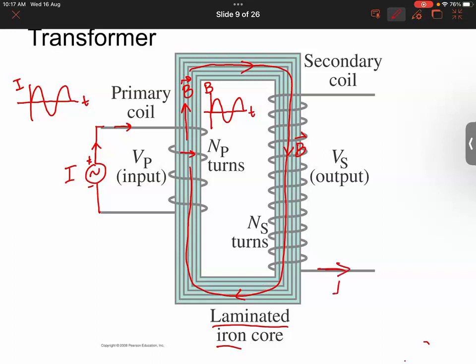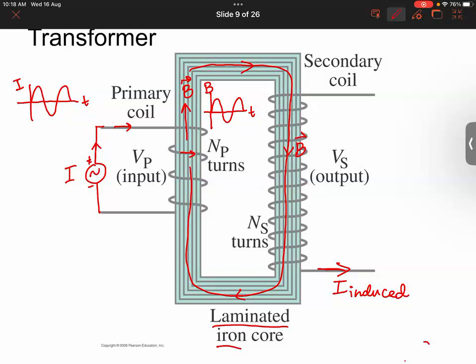You have current that is induced or created in your secondary coil because of the changing magnetic field in the secondary coil. Does that make sense? These two coils are not connected with each other.